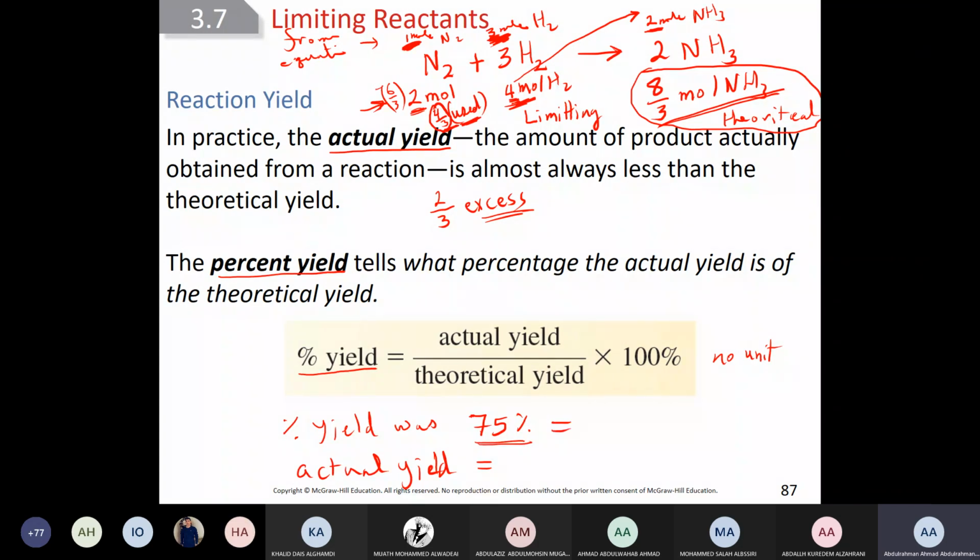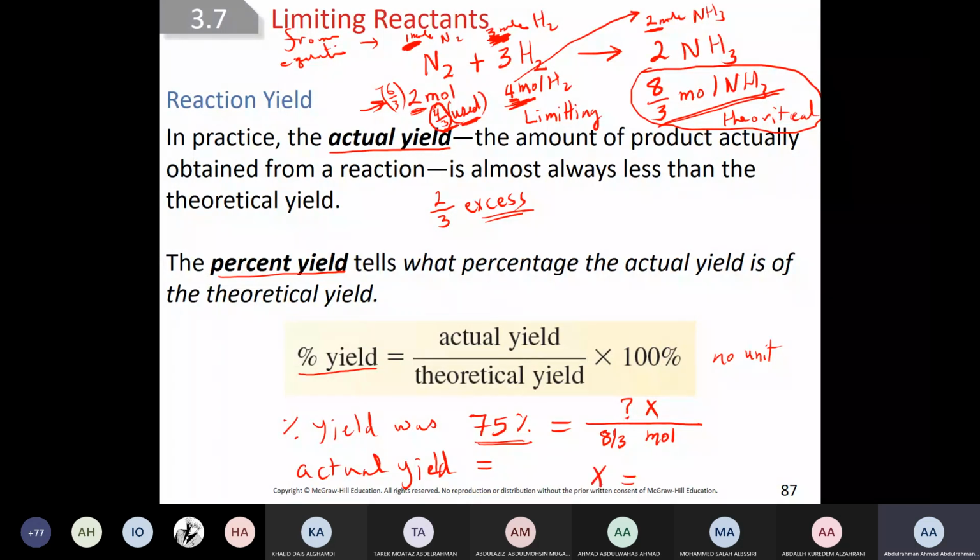Theoretical yield we can't get from the experiment. You have to calculate it. What should I write at the top? Put the unknown at the top, x, something we do not know. And then at the bottom, 8/3 mole. Now, can you calculate x?